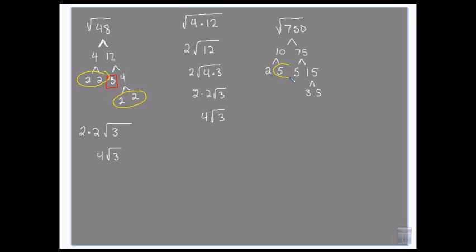I have a pair of 5s. And then I have a 2, a 3, and a 5 that don't match anything. So I'll bring out the 5s that match. And 30 gets left behind. Yeah. 2 times 3 times 5. So whatever's left gets multiplied back together. So 30 was 2 times 3 times 5.